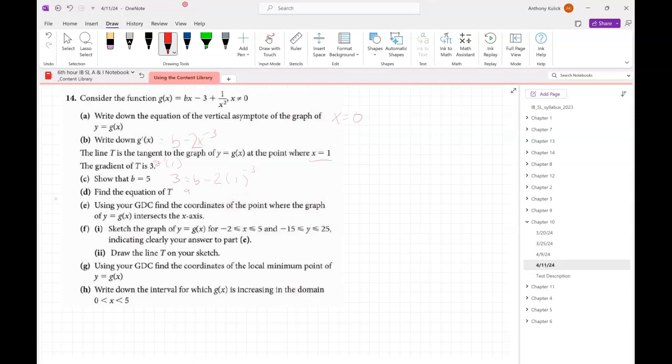So you need to do g of 1. So b is 5 then, right? So that's 3.